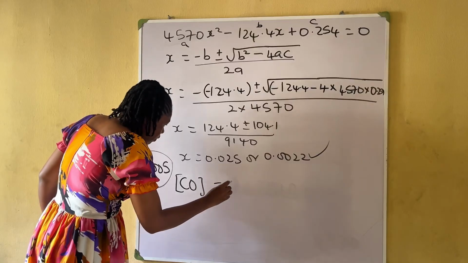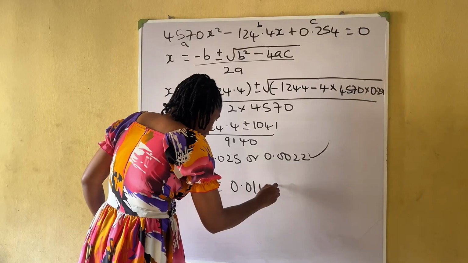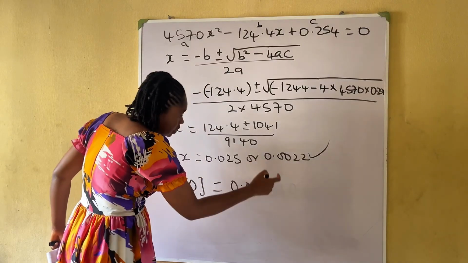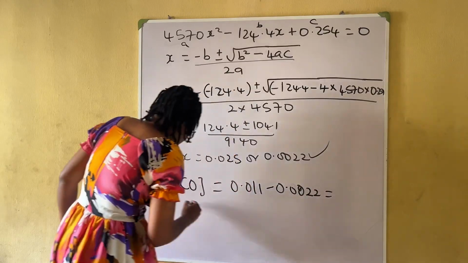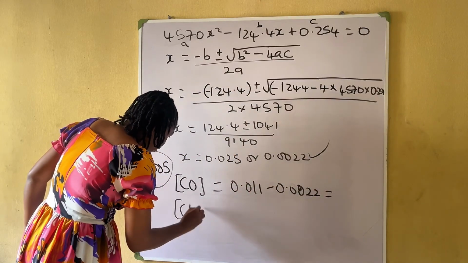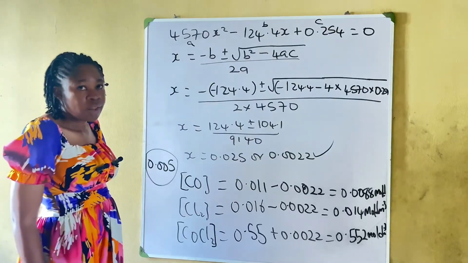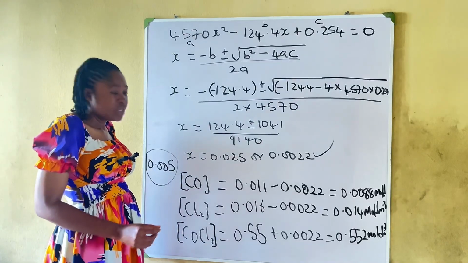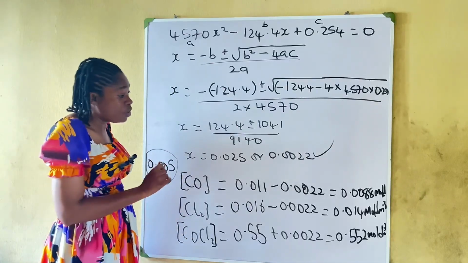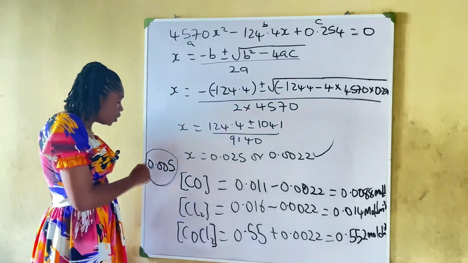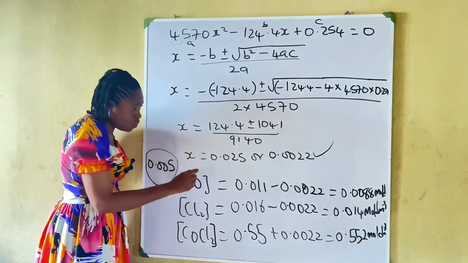CO: 0.011 minus S, and the value of S is 0.0022. For chlorine gas, we have 0.016 minus S. So in a nutshell, there is change in concentration of all the species when we disturb the original equilibrium by adding 0.005 mole per dm cube of CO.